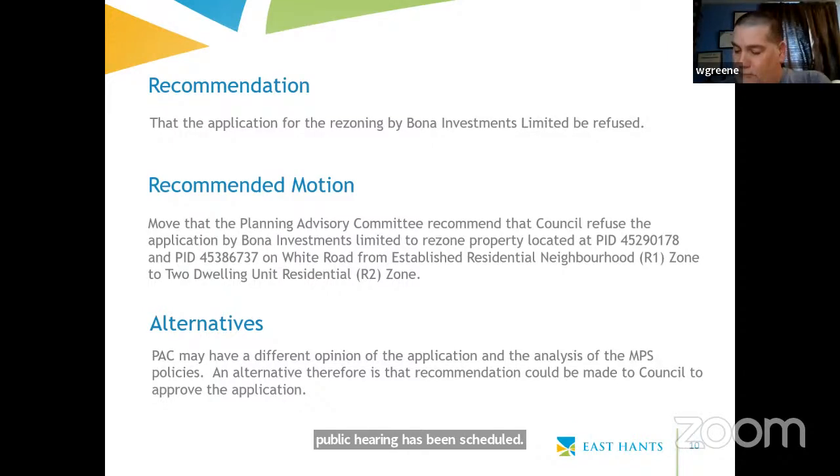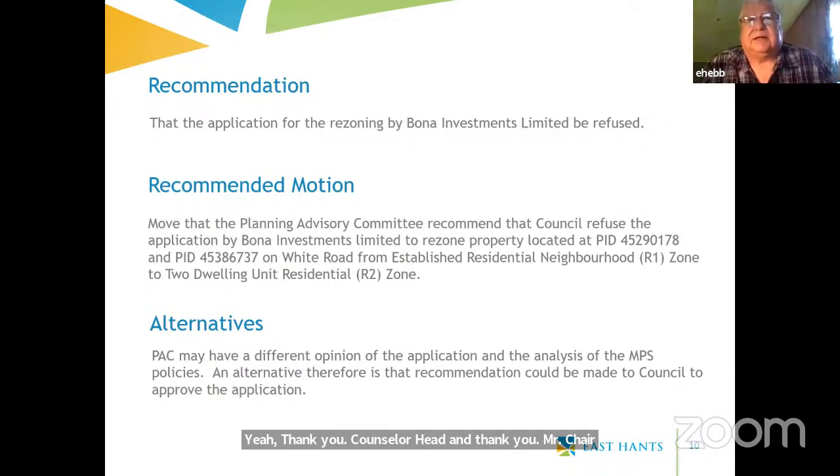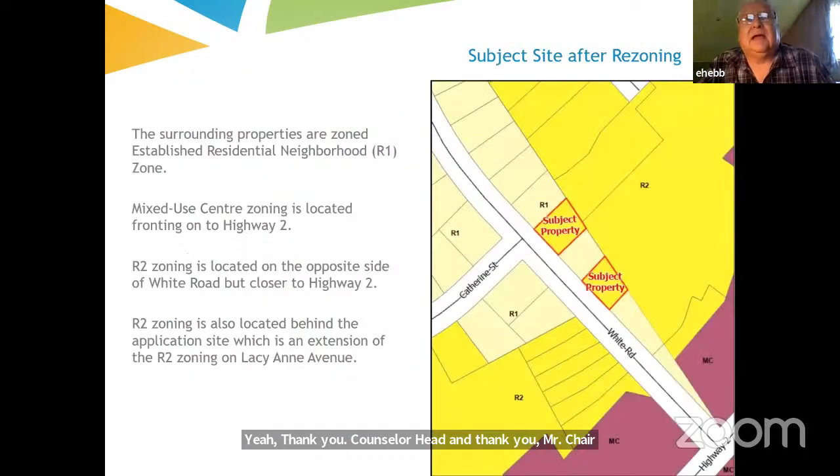Counselor Hebb. Yeah, thank you, Mr. Chair. We can go back to the picture there. I guess I'm looking at it a different way. We've got R2 zoning behind that and just down the road, just a little bit across the road, we've got R2 there. And I understand staff's report on leapfrogging.